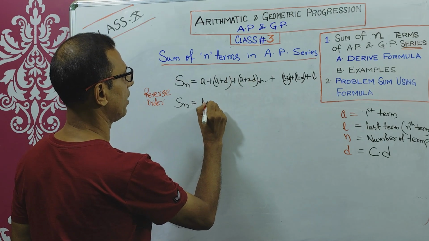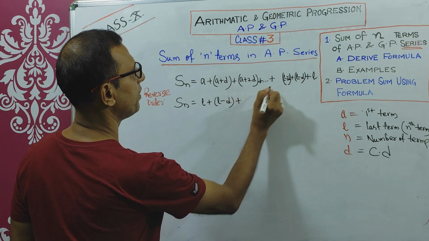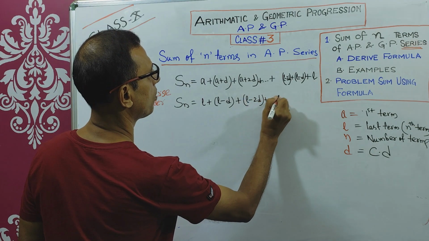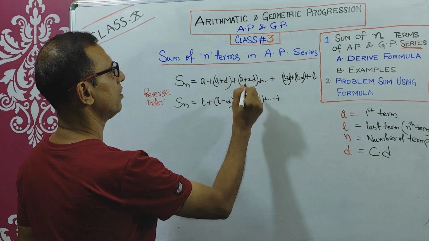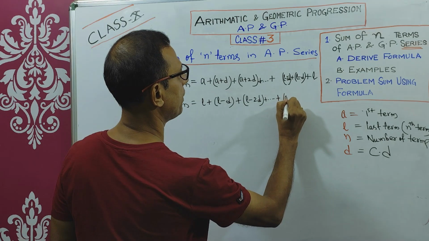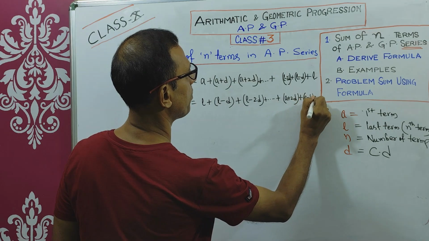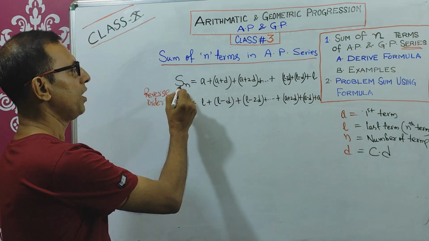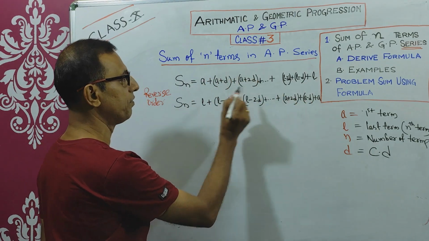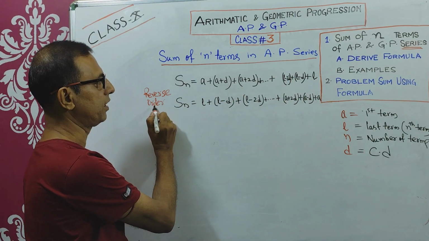Now the first term is L, second term is L minus d, third term is L minus 2d, plus dot dot dot, plus, then you are reversing it, so it will be a plus 2d, then plus a minus d plus the first term. So now if you consider this one, the first term is a, it is going to be the last term when I am reversing the order, and the last term is becoming the first term because of this reversing, right?